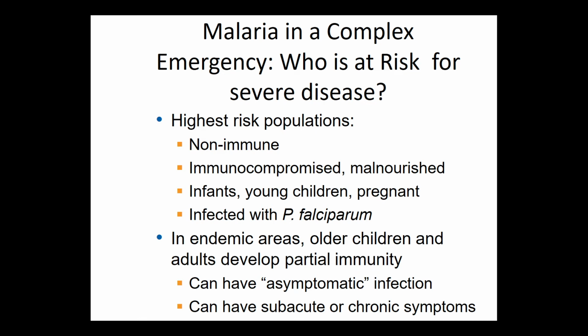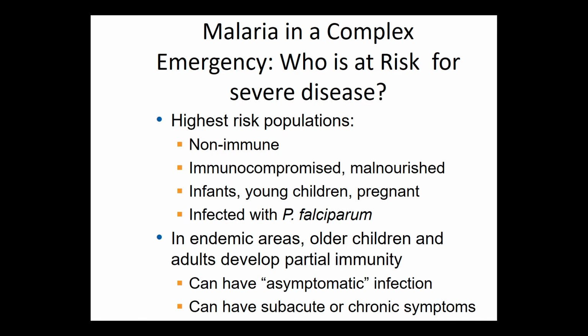Plus, there is a vaccine against malaria, but it's not super effective. It does not fully prevent disease, but it may partly prevent it in some people or prevent severe forms. So immunization is also possible. Immunocompromised and malnourished persons, infants, young children, and pregnant women have a severe course of malaria.